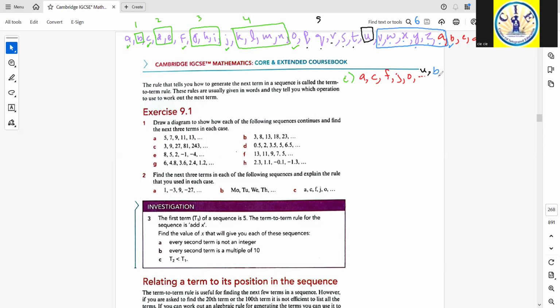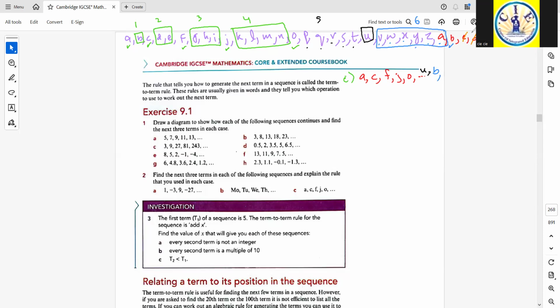After B, then I need to skip obviously one more alphabet. Like I need to skip seven now. So one, two, three, four, five, six, seven.